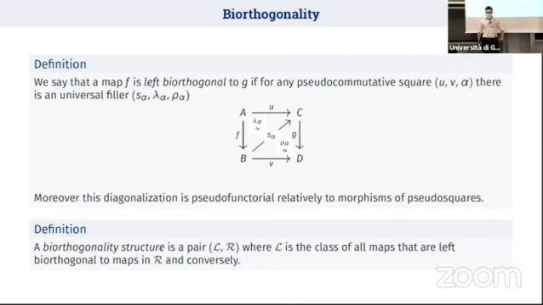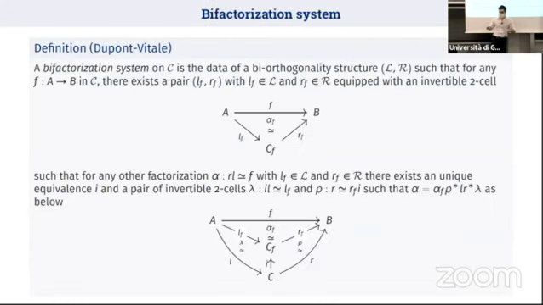You will define a bi-orthogonality structure as a pair of classes of maps such that the left class is exactly the class of maps that are left orthogonal to the right one, and conversely.